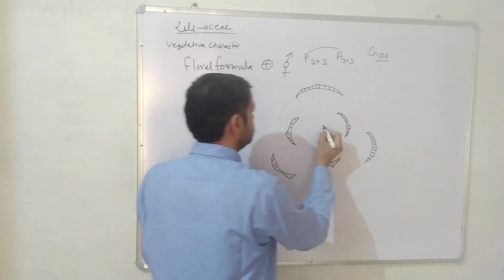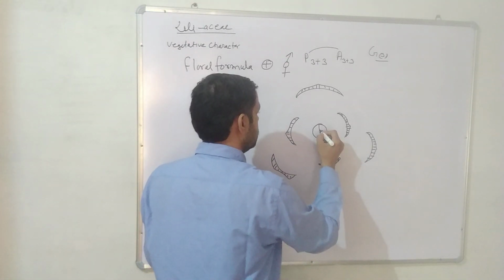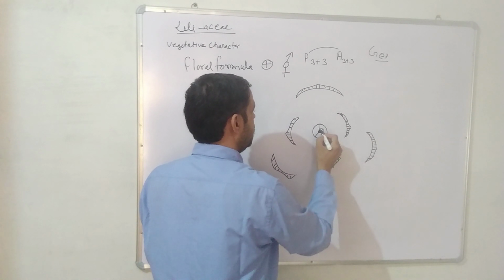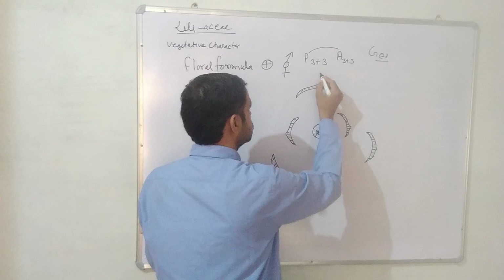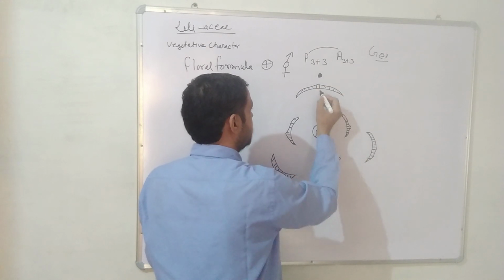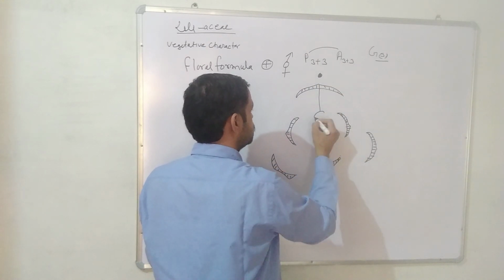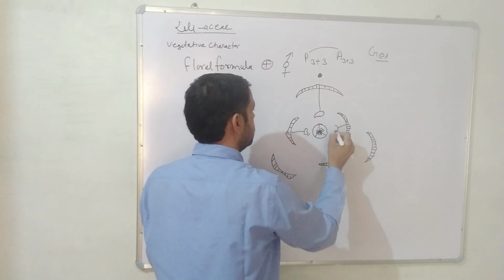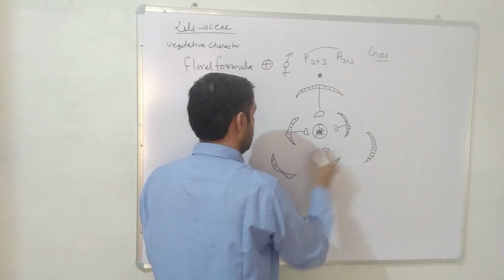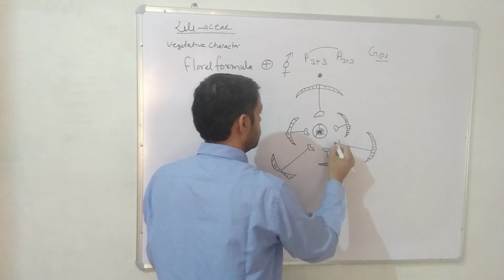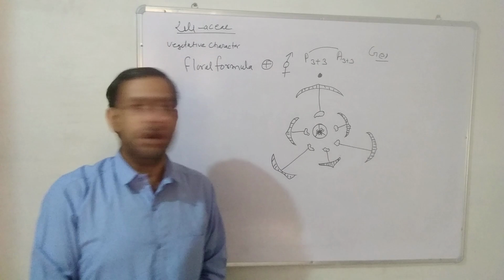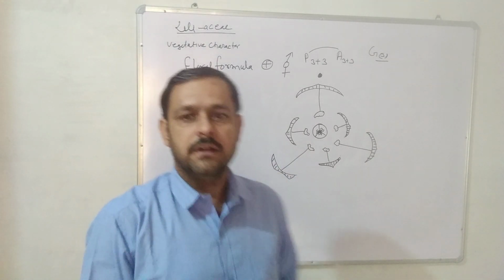And then the ovary is tricarpellary, this is the placenta, and these are the ovules, and here the mother axis. Now the stamens are attached to the perianth, 3 to the sepals and 3 to the petals. So this is the floral diagram of Liliaceae.